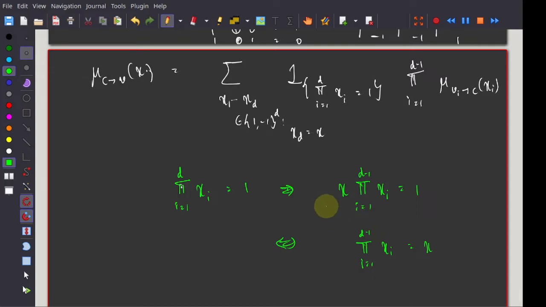So I'm claiming that this is the same as this product being equal to x. No, actually it should have been 1 by x, right? But what values does x take? 1 and minus 1. So 1 by 1 is equal to 1 and 1 by minus 1 is equal to minus 1. Because we're considering only the binary field, we can use this property that 1 by x is equal to x.